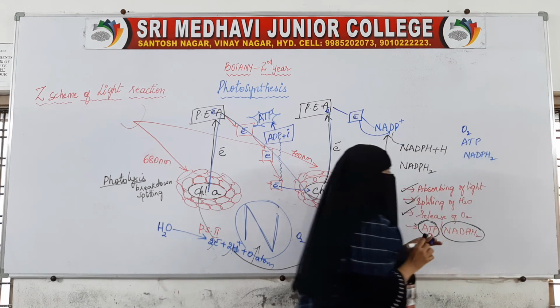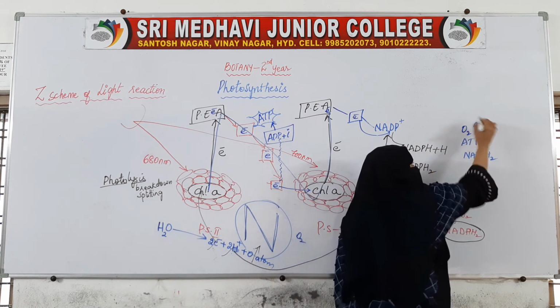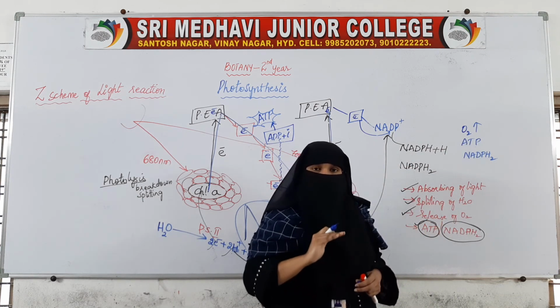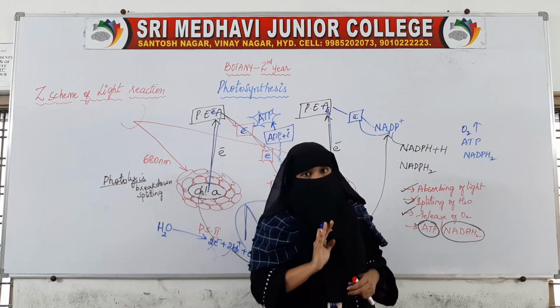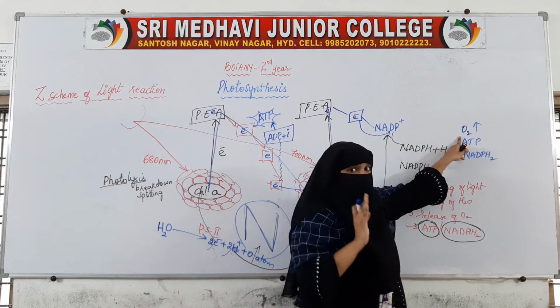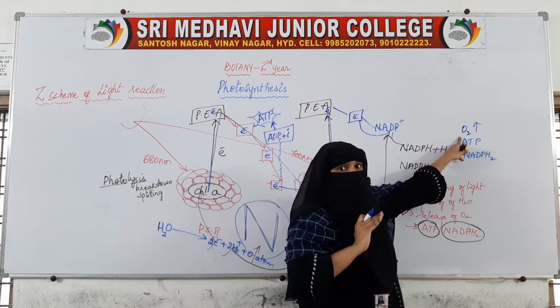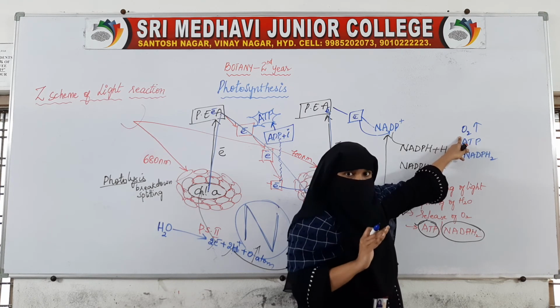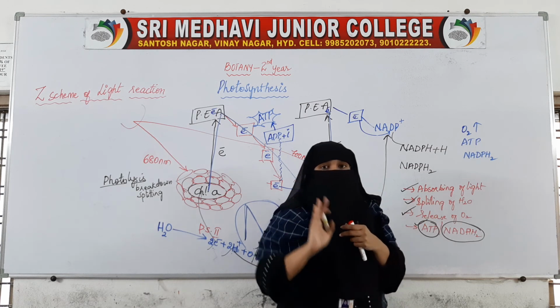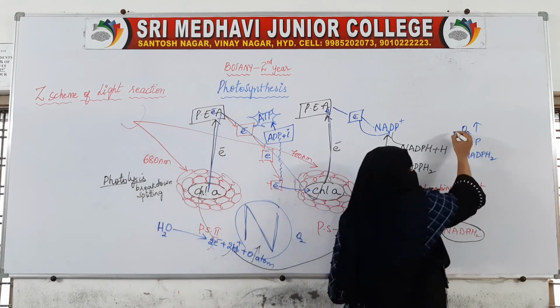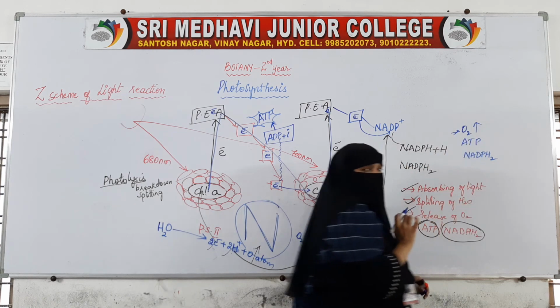O2 has been formed as a product of light reaction, but it has been released by the plants into the atmosphere. So it is not present inside the plant.